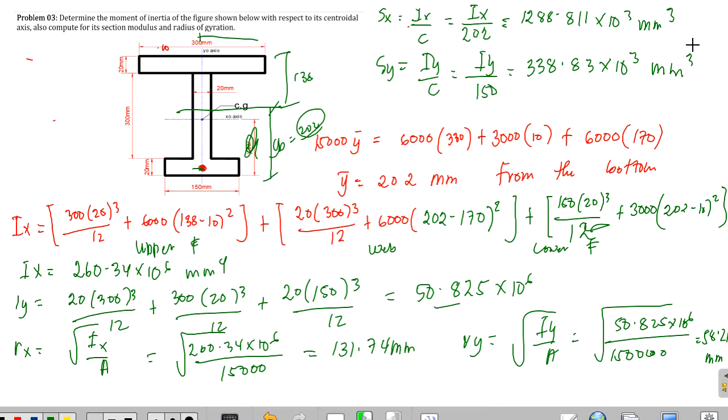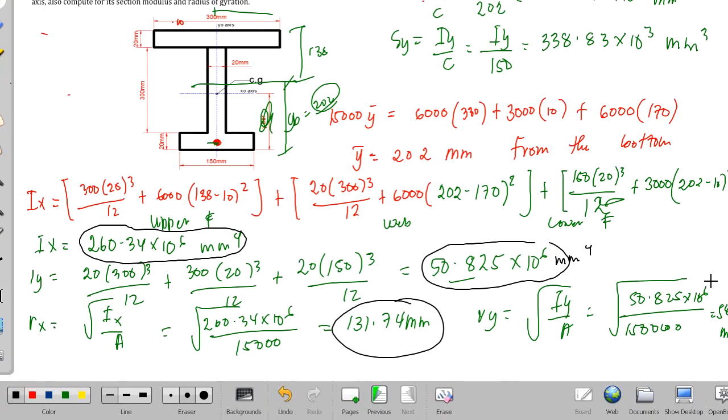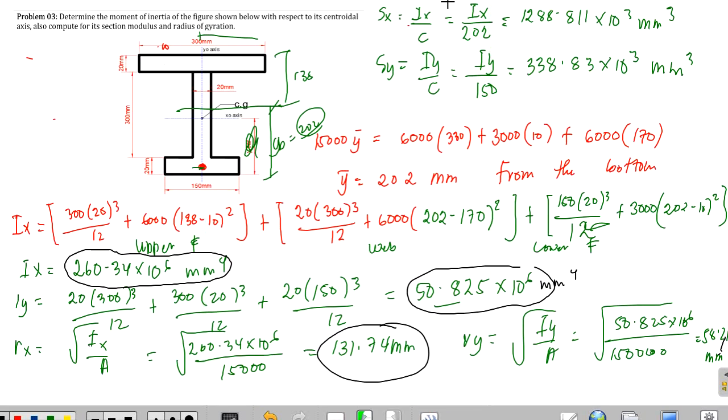So we now have our answers for the moment of inertia with respect to x, that is 260.34, and Iy, in mm to the fourth, the Rx, the Ry, and then the section modulus Sx and Sy. Okay?